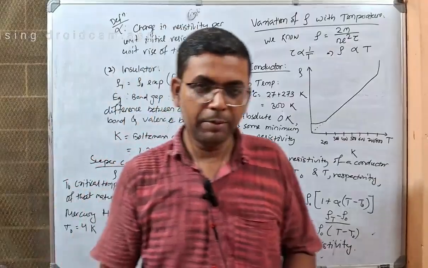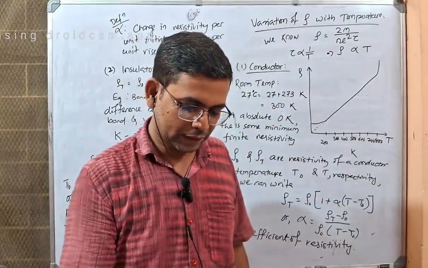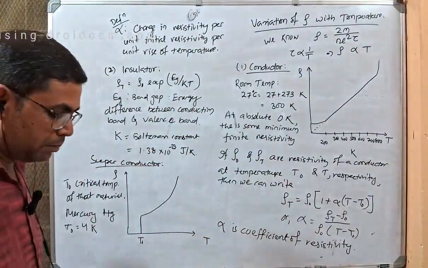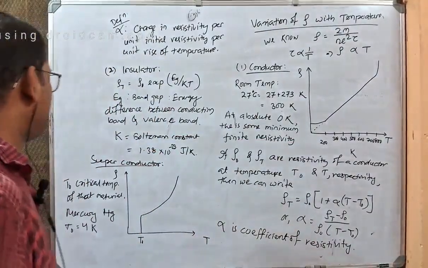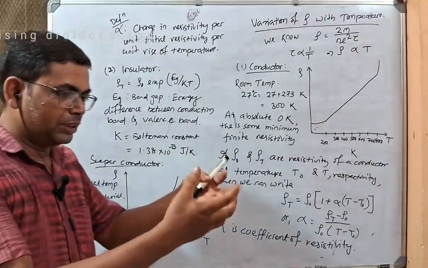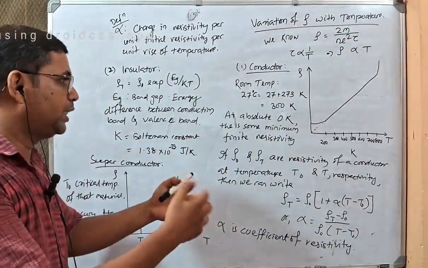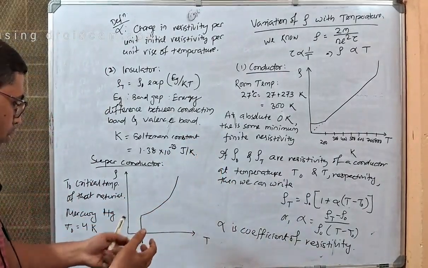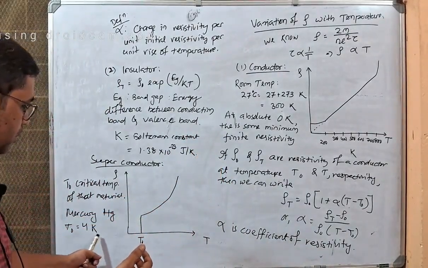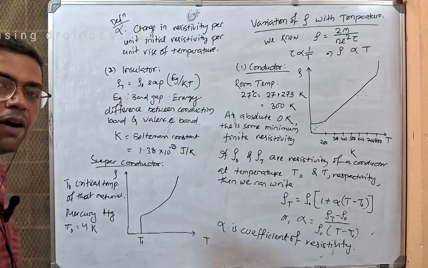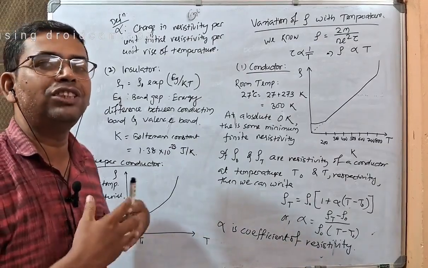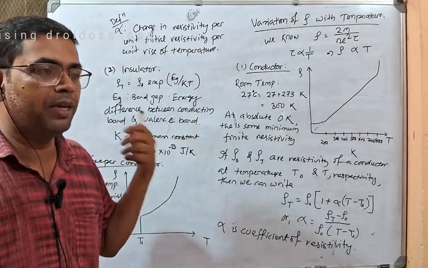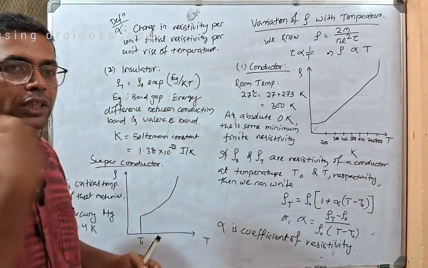There was an experiment in 1911 by the scientist Kamerlingh Onnes. He was experimenting on mercury, studying its resistivity by decreasing its temperature. When he decreased the temperature below 4 Kelvin, he found that mercury suddenly loses all its resistance. It becomes a superconductor, with no resistance.